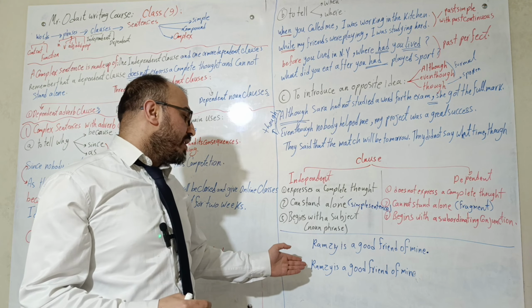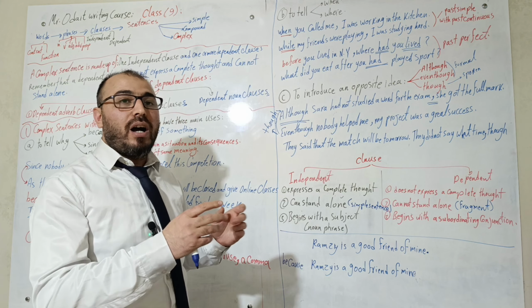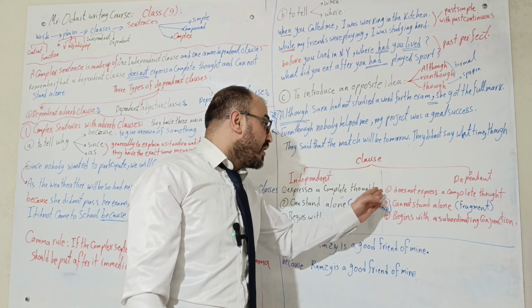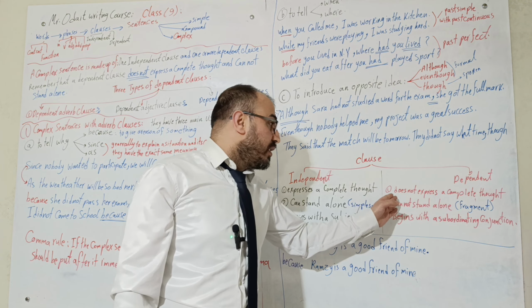Because Ramzi is a good friend of mine, I usually go and visit him at his house. Because Ramzi is a good friend of mine, I always talk to him regularly. And here, my friends, it doesn't express a full meaning or a complete thought and cannot stand alone, because if I add a period or a full stop, and because it is incomplete, I will have a fragment writing error.